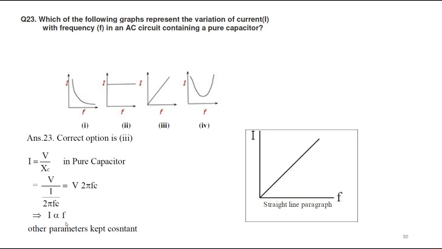I is proportional to f, other parameters are kept constant. So it is an I proportional to f graph, or I is equal to kf graph, which is a straight line. So that comes as option 3. So we have the correct option as option 3 here.